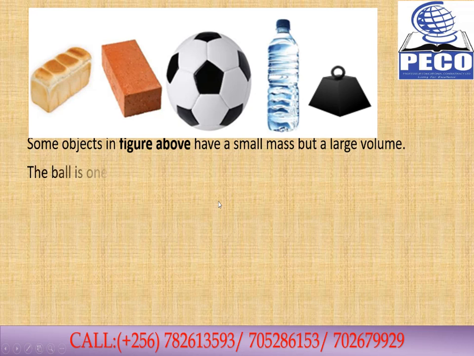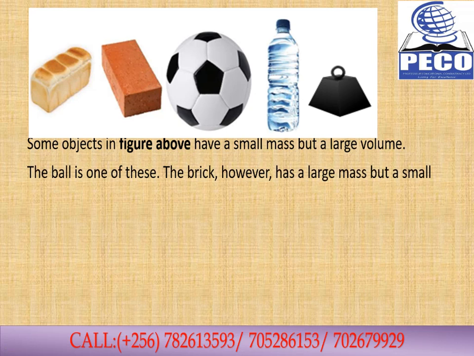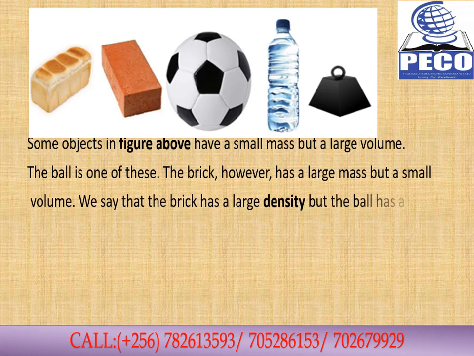Whereas, for example, a ball like this one here, you can see it is occupying a lot of space compared to this brick here or compared to this stone here, but it has a low mass. Its mass is small. The brick, however, has a large mass but a small volume. It is occupying a smaller area. Or look at this stone here. It has a large mass, maybe heavier than all of these, but yet it is occupying a small area.